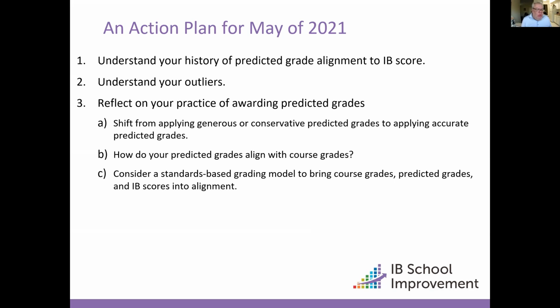So what I'm trying to say here is, we've received our allotments of our predicted grades. We know what our allotments are, and we know what our students are, and we can look and see, do those two things fall into alignment?